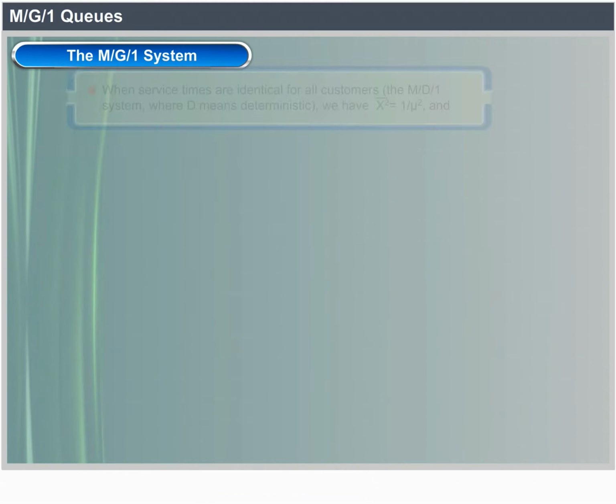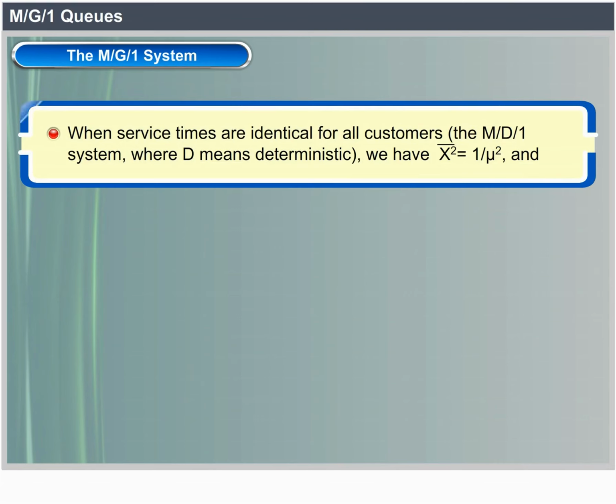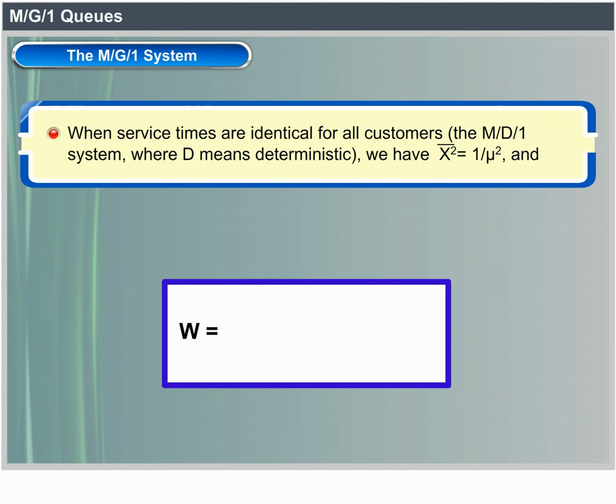When service times are identical for all customers, the M/D/1 system, where D means deterministic, we have X square bar equal to 1 by mu square and W equals rho by 2 mu times (1 minus rho), M/D/1.